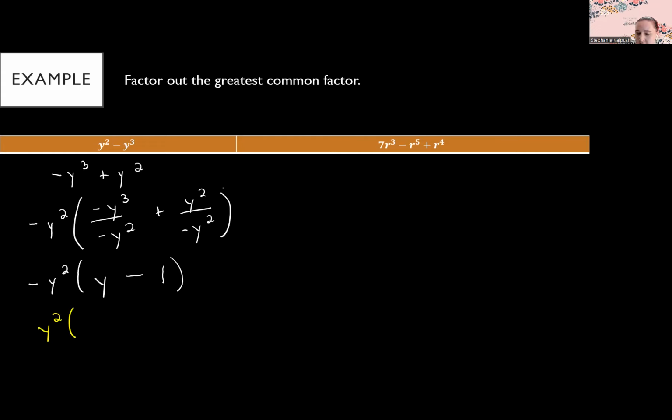And what would happen is that instead of y minus 1 in parentheses, you would end up with 1 minus y, which is also okay because you can see that the first term there does end up being positive. So that's okay as well. And so sometimes that is the preferred way to do it. It kind of depends on how you're using things, but generally we like to have the largest exponent first. But these two answers are equivalent, so they essentially are both correct.